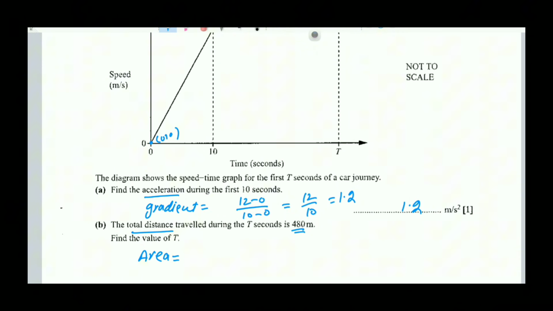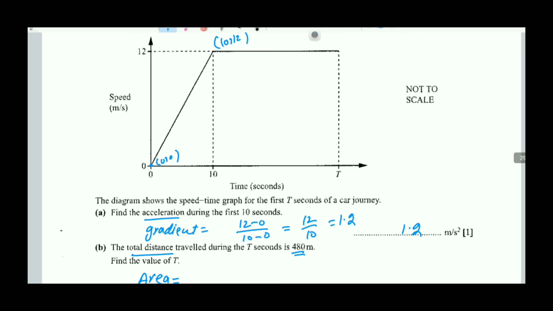So area is, first of all, we know that we can find the area of the triangle. So 1 over 2 into width 10 and height 12. 2 5s are 10, 12 5s are 60, which is the area of this triangle.